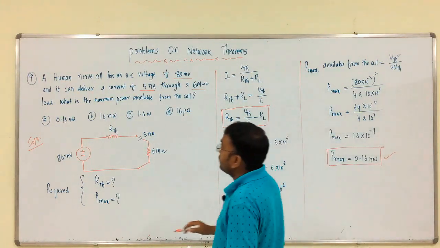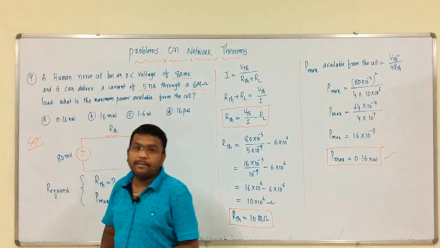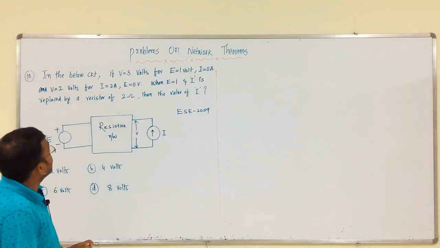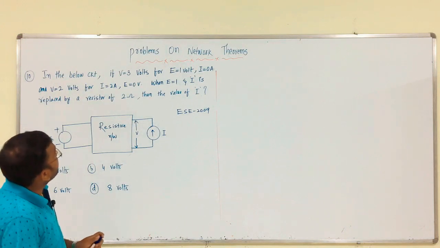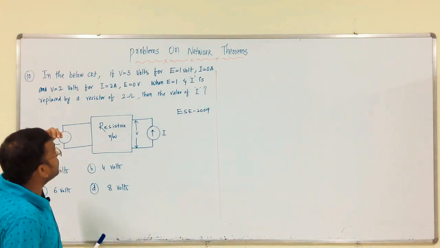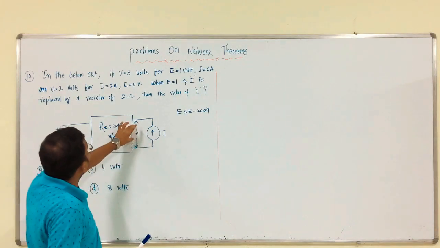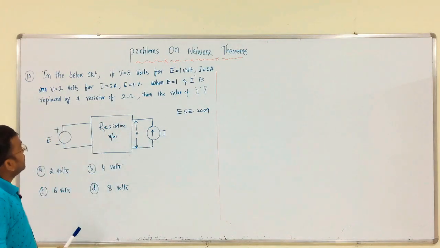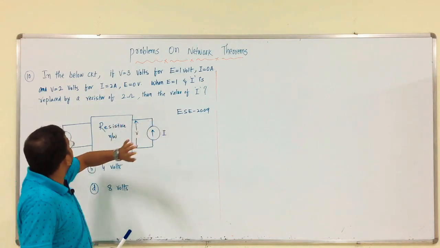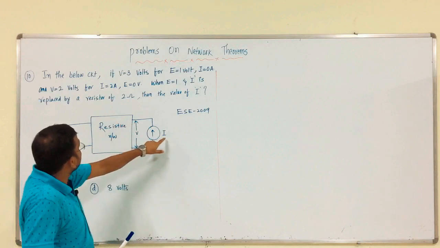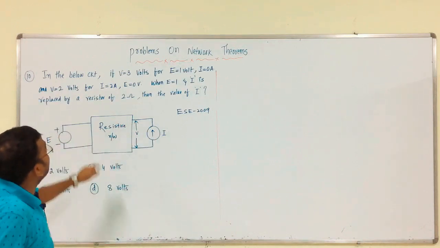The answer is A. Next problem is, in the below circuit, if V is equal to 3 volts for E equal to 1 volt and I equal to 0. For 1 volt and 0 amps, we have 3 volts across this current source, right? Like that, the voltage is 2 volts for I equal to 2 and E equal to 0.